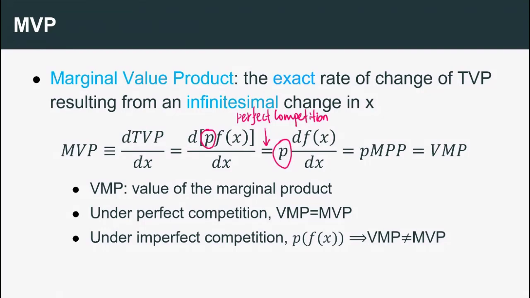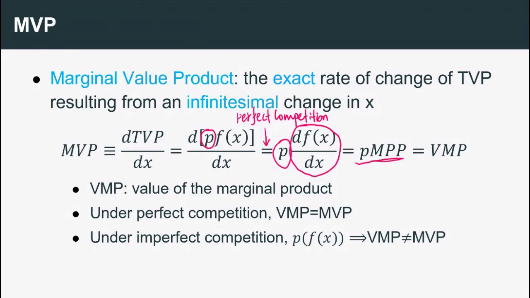It's because if you have P also as a function of X, then taking the derivative, you need to use the product rule. So we find that this term here, df over dx, is just MPP here, and again similar to AVP and TVP, which can be written as the product of output price and the physical concepts here. For MVP, it can also be written as P times MPP.